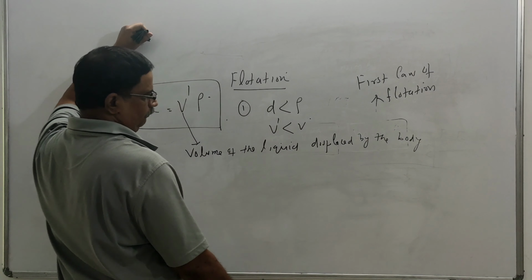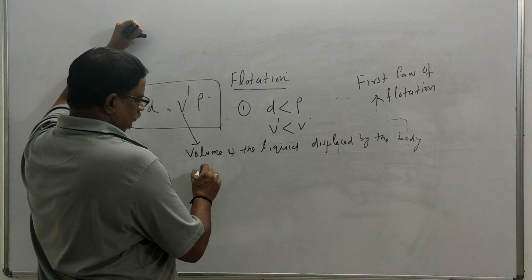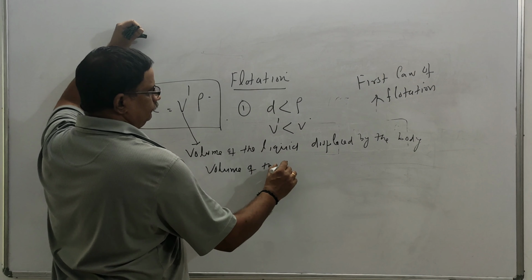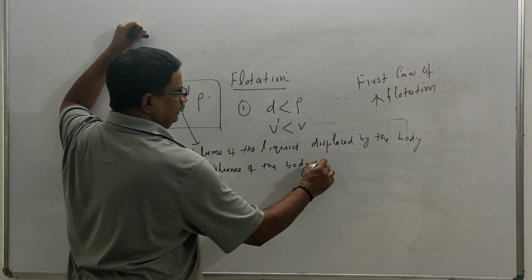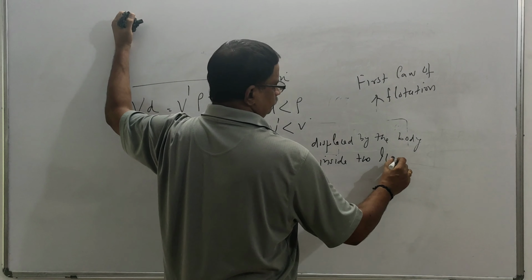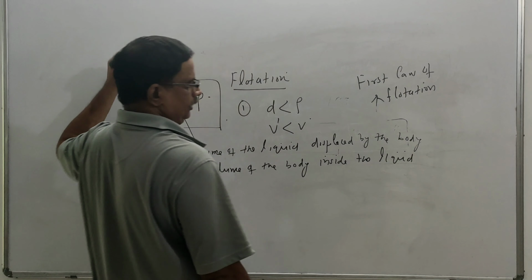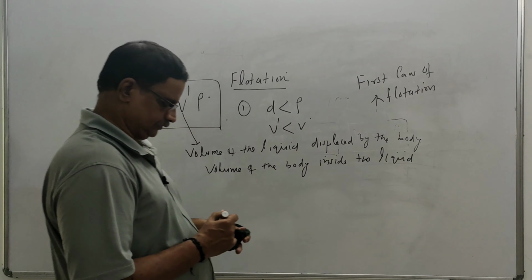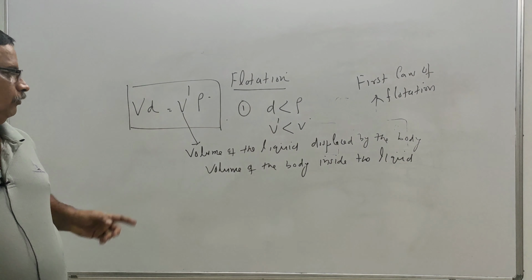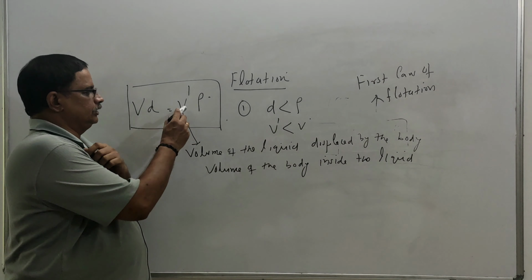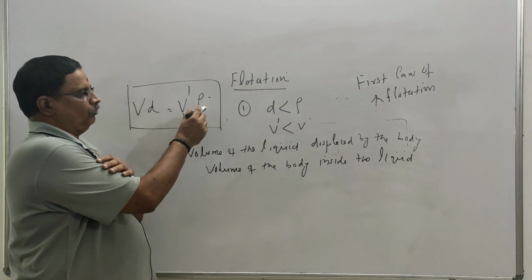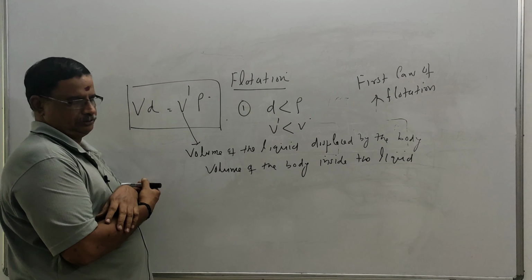If you don't know this, please copy from the board. We are considering flotation only in liquids, not gases, though both are fluids. So V is the volume of the body, D is the density of the body, V dash is the volume of the body inside the liquid, and rho is the density of the liquid. This is the first law of flotation.